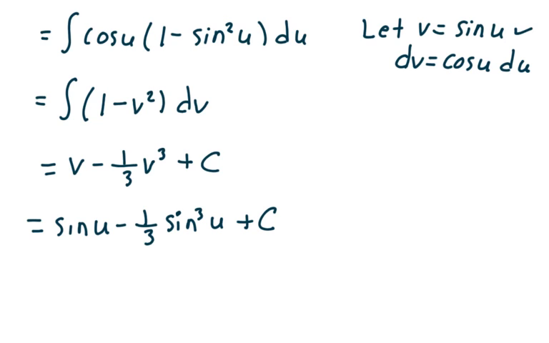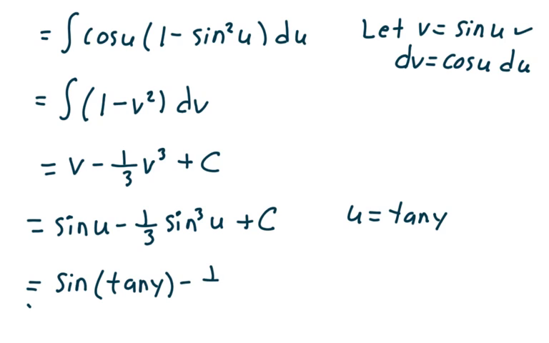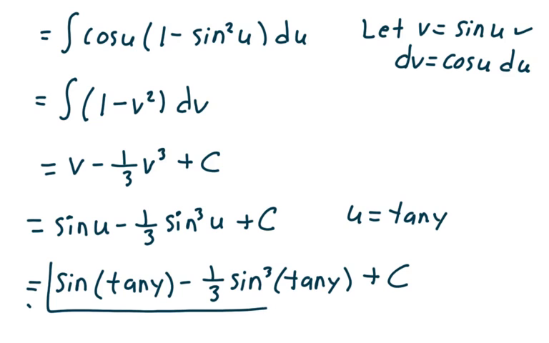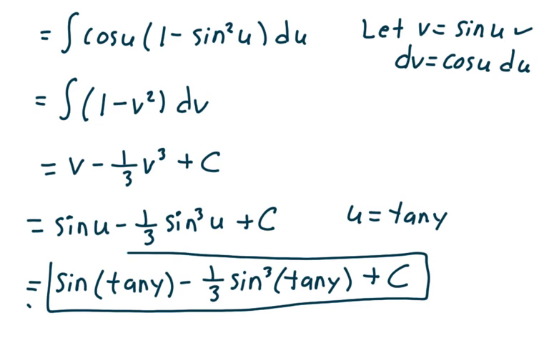But remember, u is tangent y. So everything has to be back in terms of y's. So we get sine of tangent y minus 1/3 sine cubed of tangent y plus c. And that's how you do example 3.